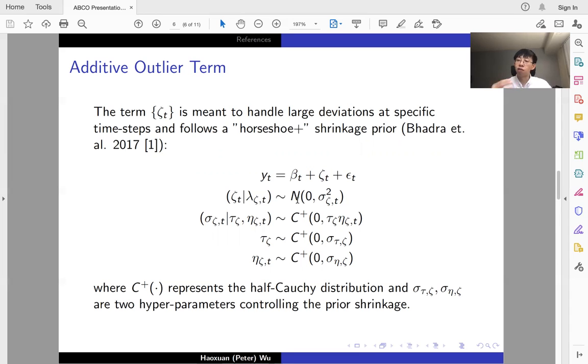However, at the very few time steps where there are outliers, we want this term to be very large. This is the essence of the horseshoe plus, which is a more extreme version of horseshoe shrinkage, in that it pushes most of the way toward either 0, which is a very strong shrinkage, or no shrinkage at all, which allows this term to be very large. This is the idea for us to deal with outliers that really plague change point algorithms.